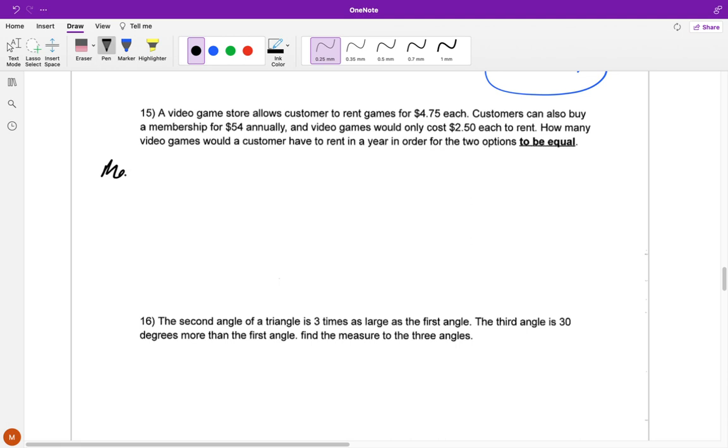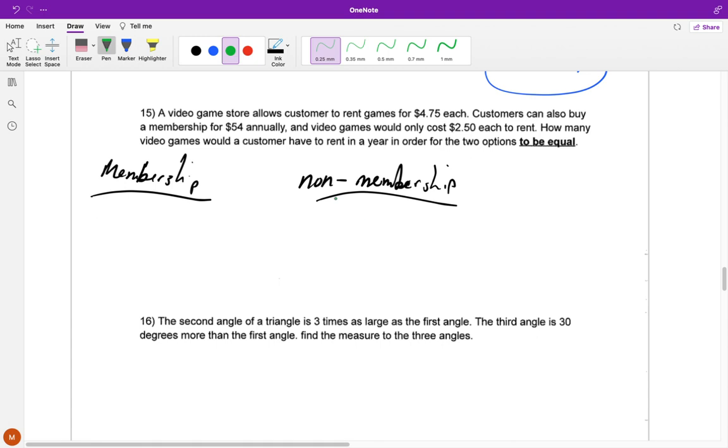We have membership and we have non-membership. So in a non-membership, they're going to pay $4.75 for every video game that they rent. So I'm going to write $4.75. And if we rent 1 video game, it's $4.75. If we rent 2, it's going to be $9.50, and 3, and so on.